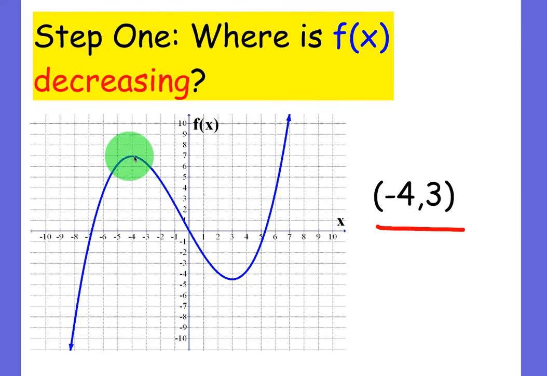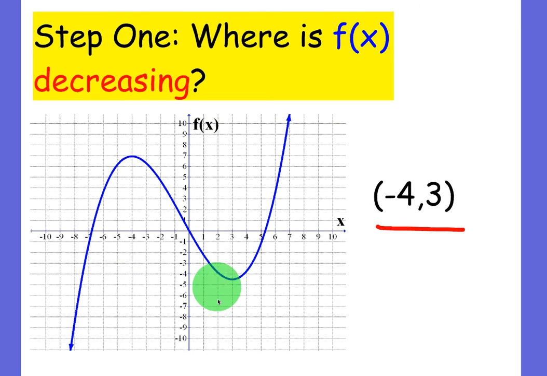So that means when we graph our derivative from negative 4 to 3, the entire graph will be below the x-axis. Now this brings up an interesting point. Will the graph of the derivative look like the original? Most likely it actually won't look like it at all, okay? And that's why we're taking this step by step. All we know is the derivative will be below the x-axis from negative 4 to 3.